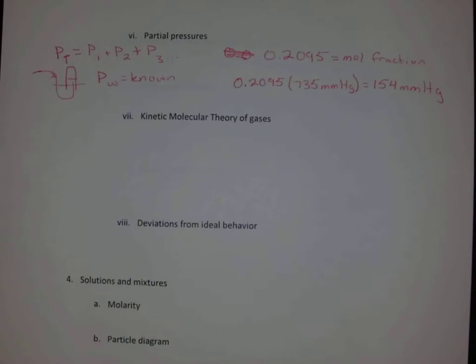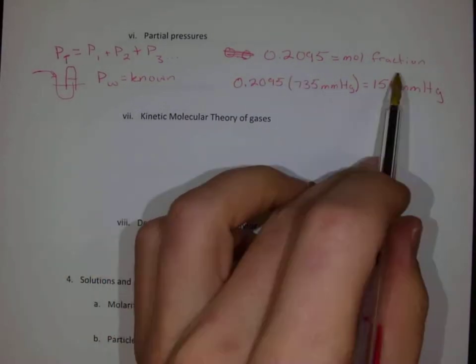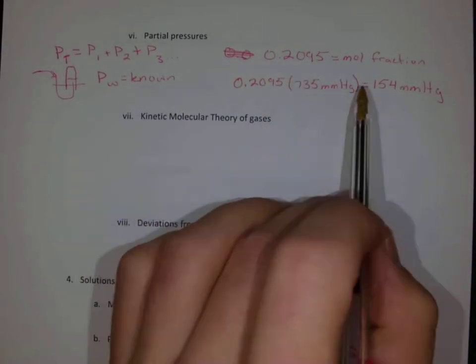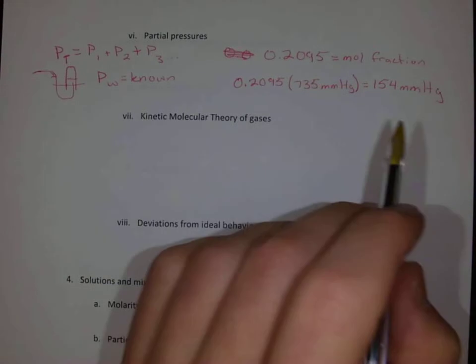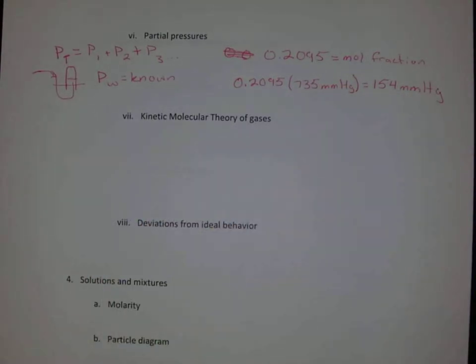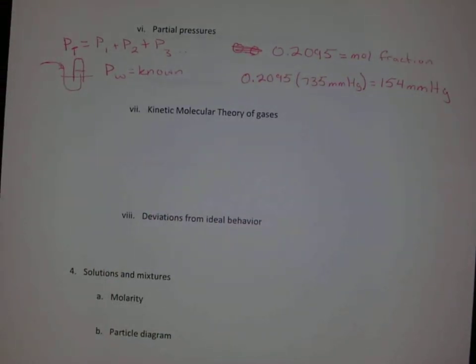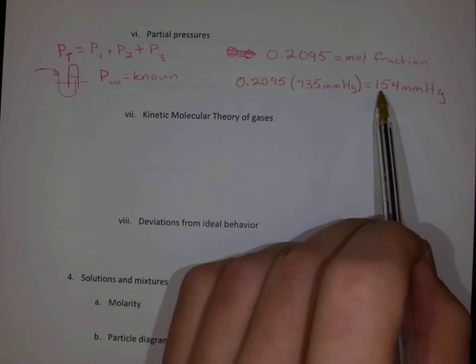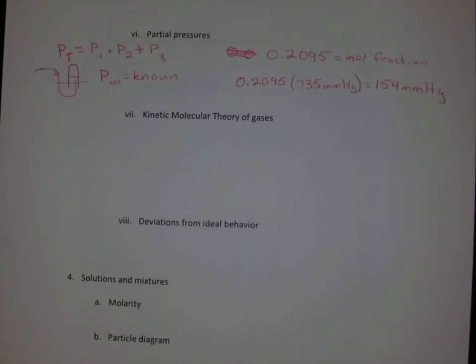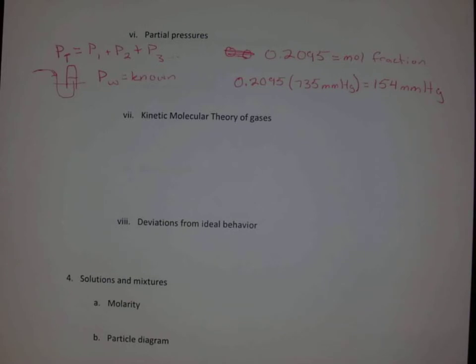Okay, so if we have a percentage, a mole fraction, then we can just multiply it to get the partial pressure. The other amount, we would have roughly 580 millimeters of mercury that's coming from my other elements or other gases that were in air.